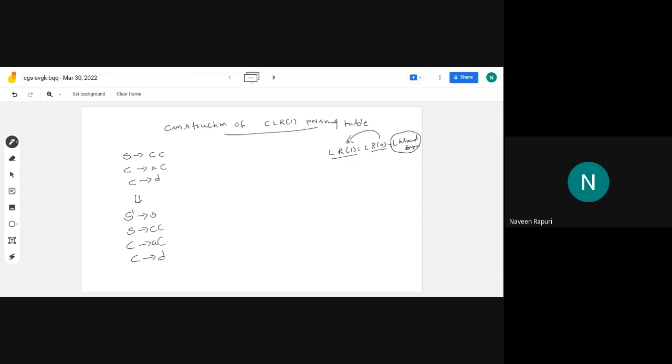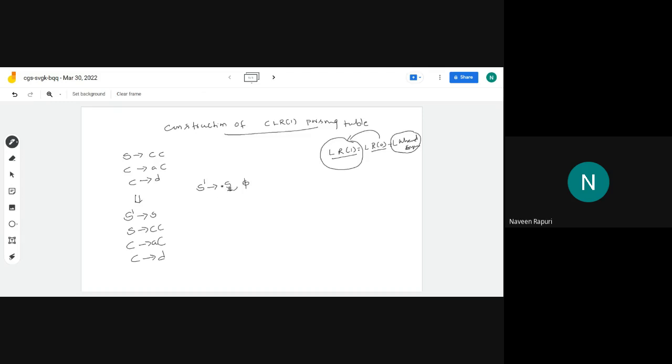Now we need to construct the LR(1) items of the DFA. For that, I am considering S' derives dot S, and initially I am taking the dollar symbol as the look ahead symbol. Now after the dot, I have a non-terminal symbol.